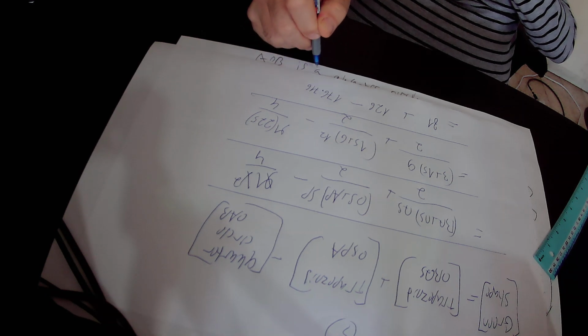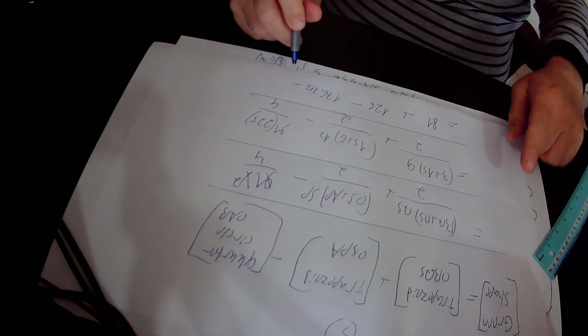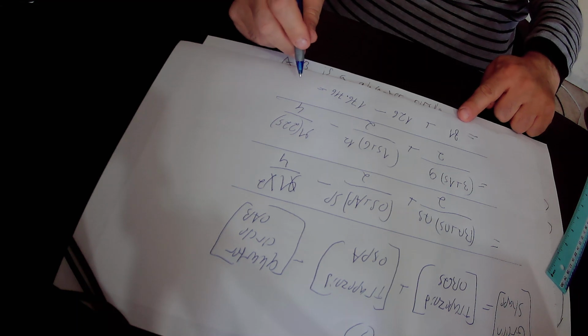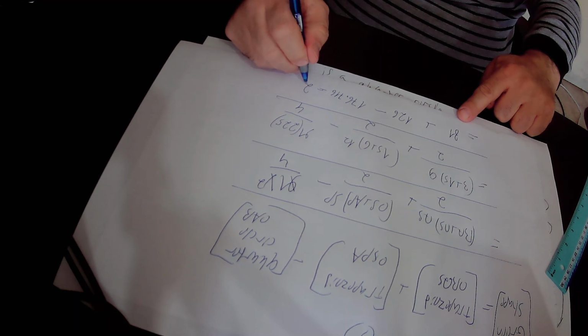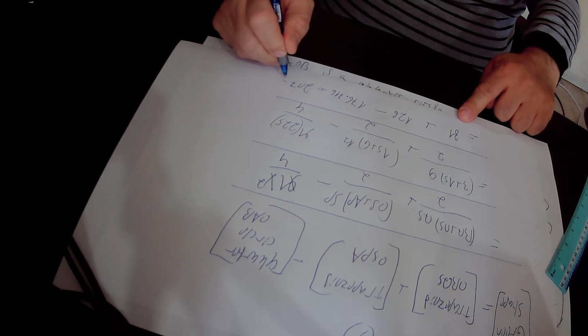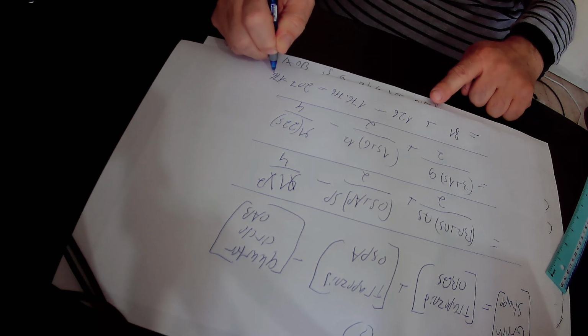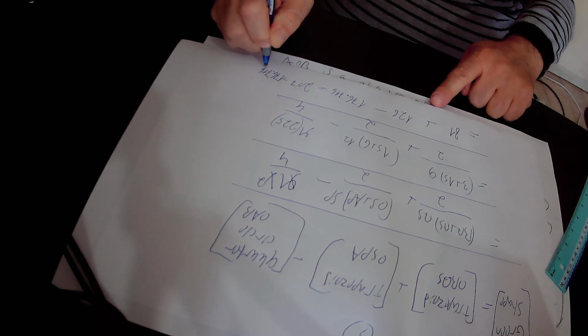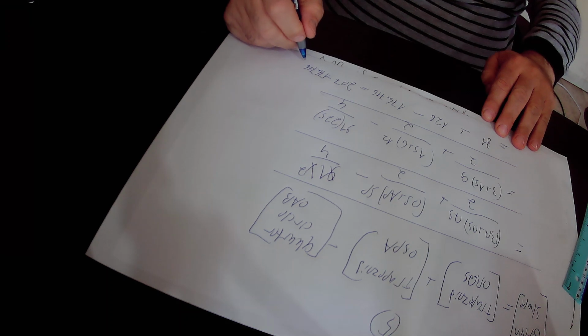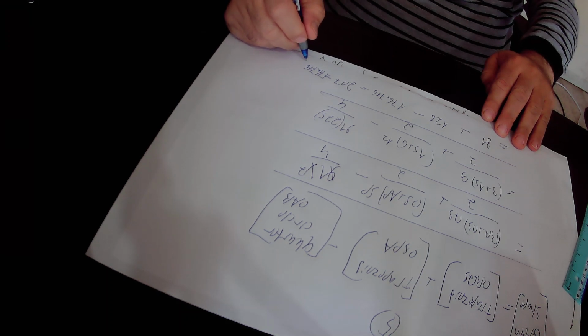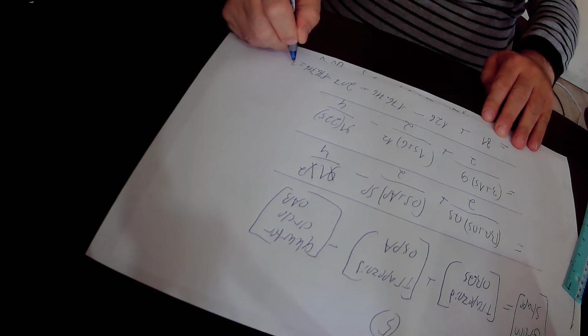176.716 square units. So the area of the green shape in total equals 81 plus 126, that is 207, minus 176.716 square units, and 207 minus 176.716 square units equals 30.285 square units.